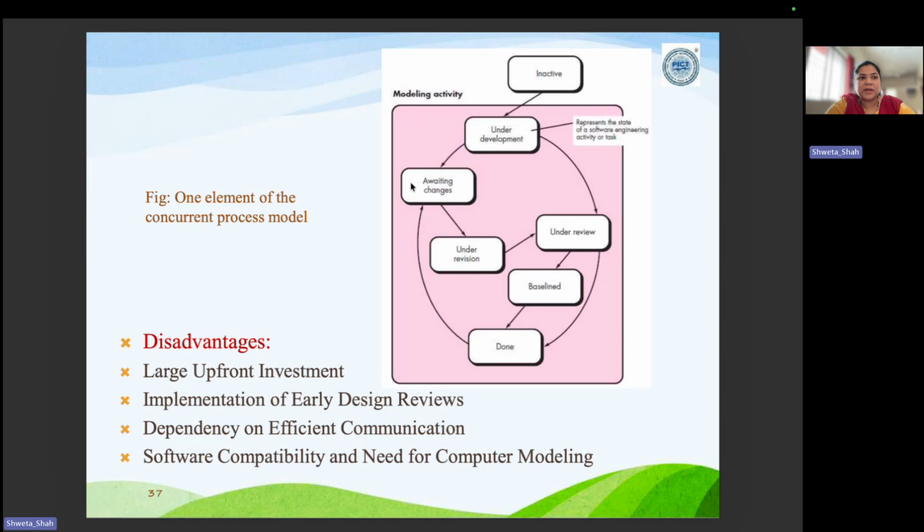Some changes are introduced which have to be updated, and then we have to develop again some functionalities or processes. Still, there are a few disadvantages of the concurrent model: large upfront investment, implementation of early design reviews, dependency on efficient communication, software compatibility, and the need for computer modeling.